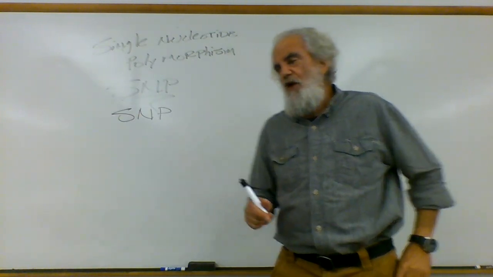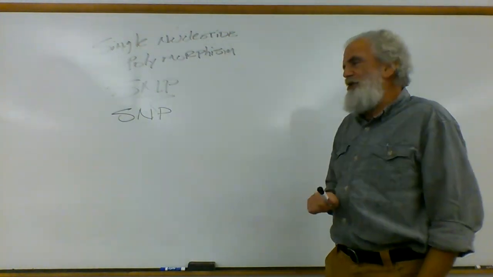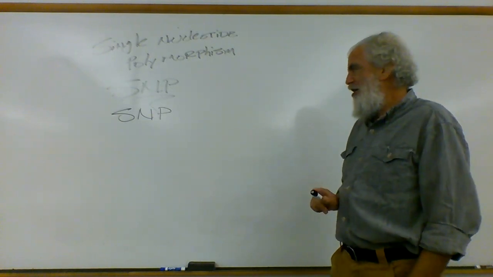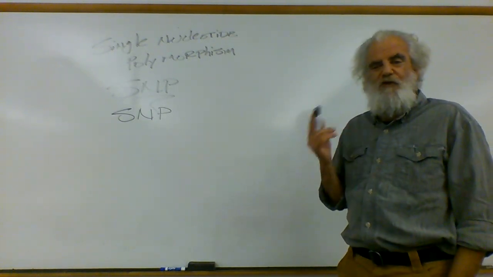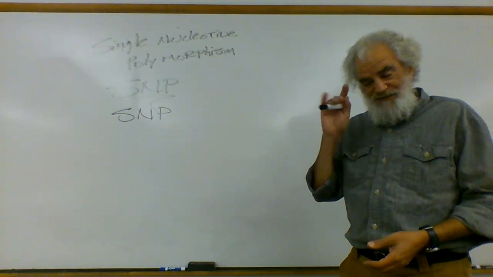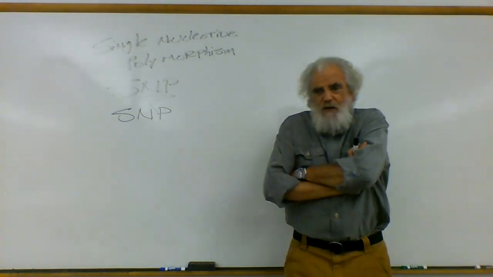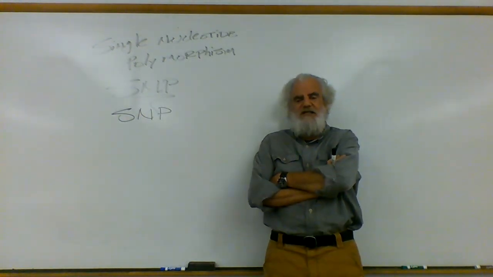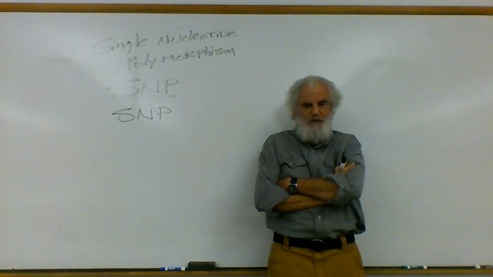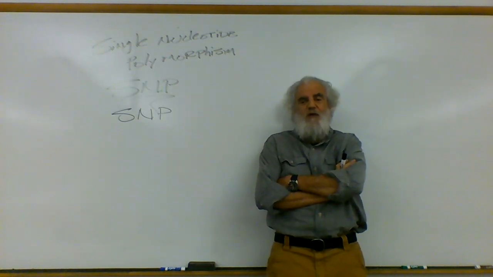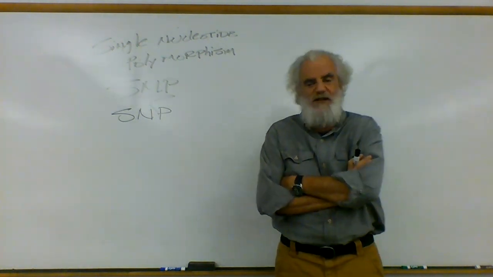Hi. So, single nucleotide polymorphisms are a really important tool for thinking about mutations. Now, prior to the ability to sequence genomes routinely, there were a number of ways that mutations were identified.